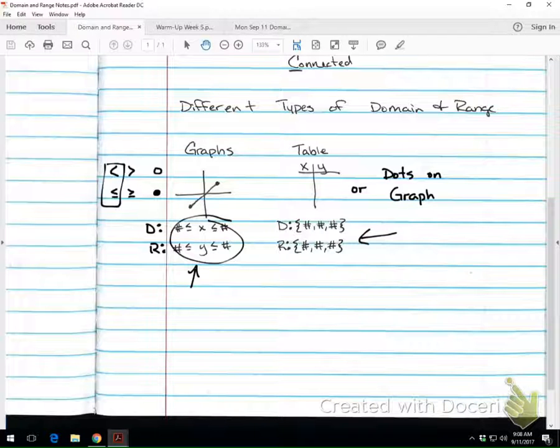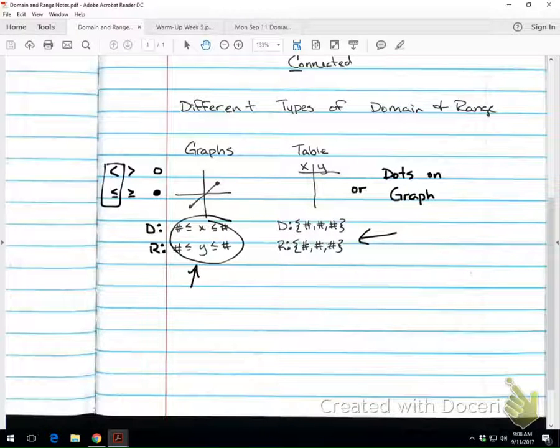You're going to put D, dot dot, bracket. And then start listing out your numbers. Now you do not have to repeat numbers. So let's say on your domain you have 0, 1, 2, 2, 4, 4, 6. Well, all you have to write is 0, 1, 2, 4, 6. You don't have to put multiple numbers multiple times. Does that make sense? Same for the range. Okay?